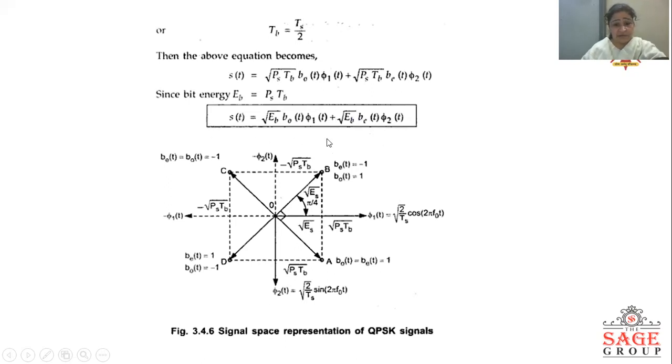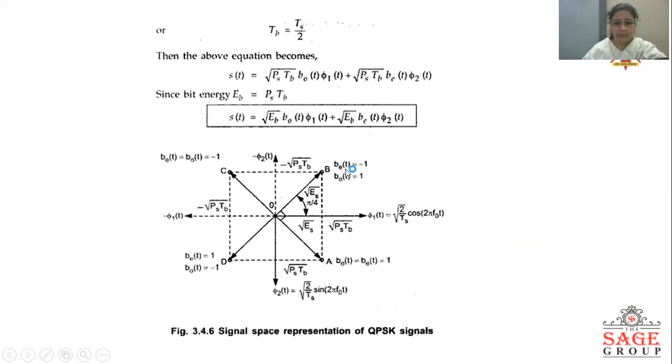Now we will represent it in the signal space. Say this is phi 1(t) and this is phi 2(t). Since phi 1(t) constitutes cos omega naught t and phi 2(t) constitutes sin omega naught t, there will be a phase difference of 90 degrees between these two orthonormal signals.